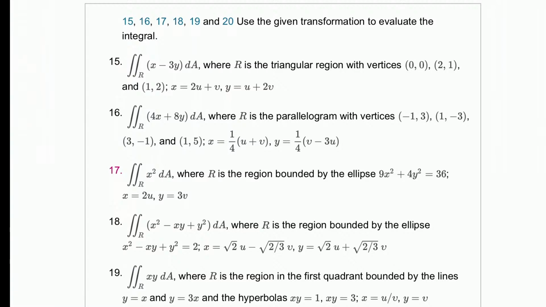You'll have to do some solving, some algebra. For example, if x is -1, y is 3, what are u and v? Figure out where that maps and so forth. Then you'll be able to set this up, and then you can make your Jacobian. So that's what that looks like.